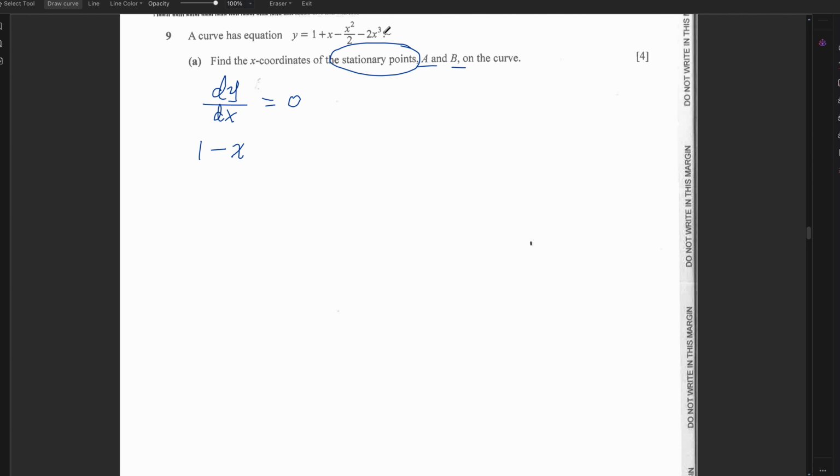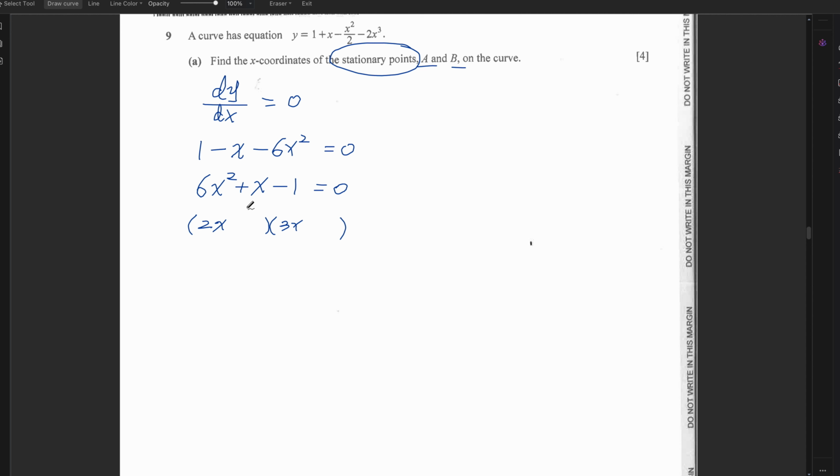Differentiate this, you get negative 2 times 3 minus 6x squared equals to 0. 6x squared plus x minus 1 equals to 0. So 6 can be divided by 2x, and you have 3x.